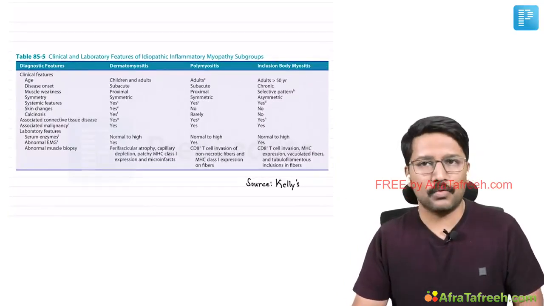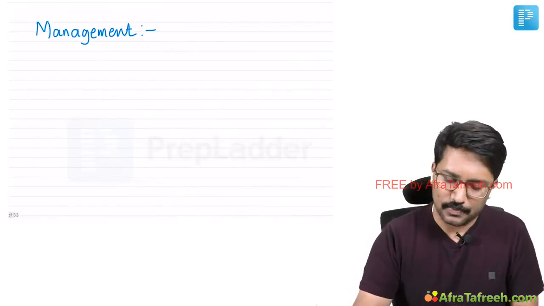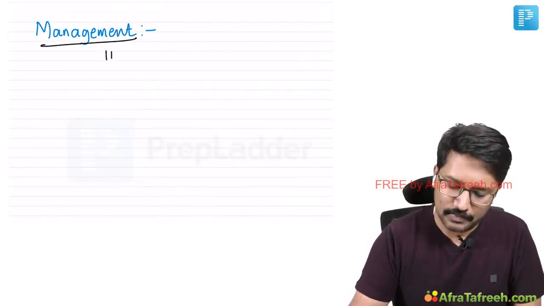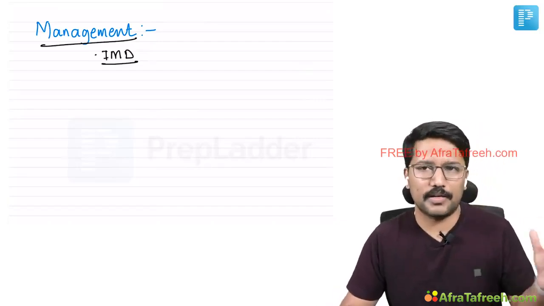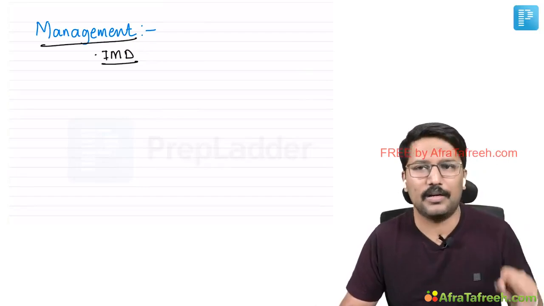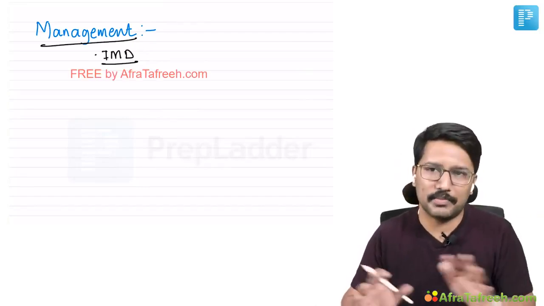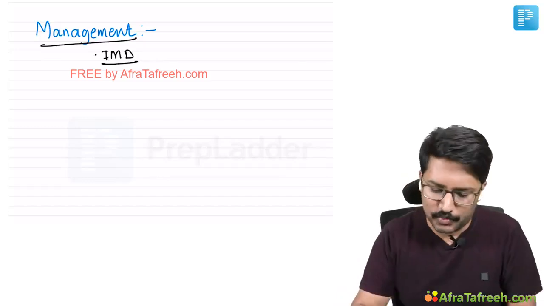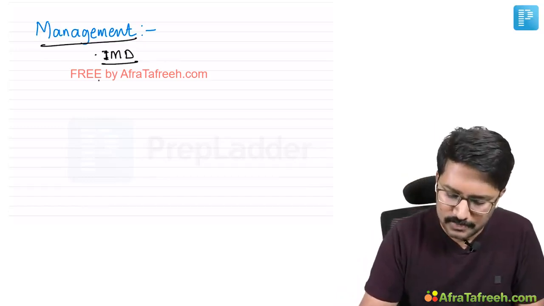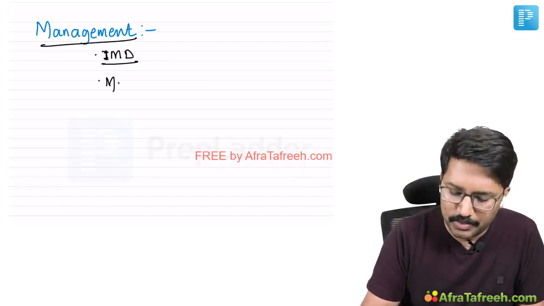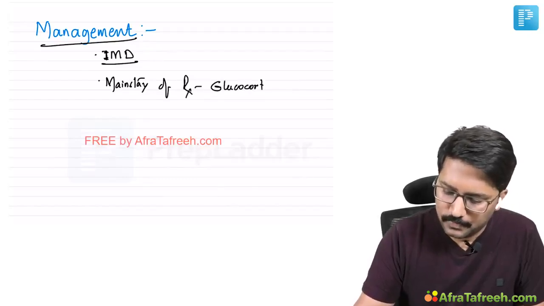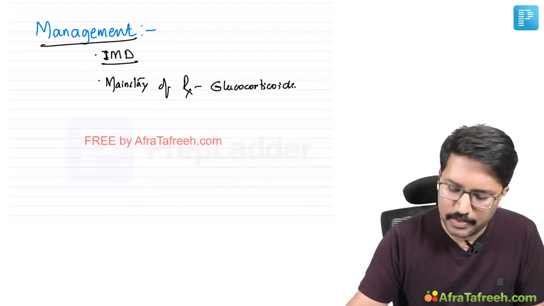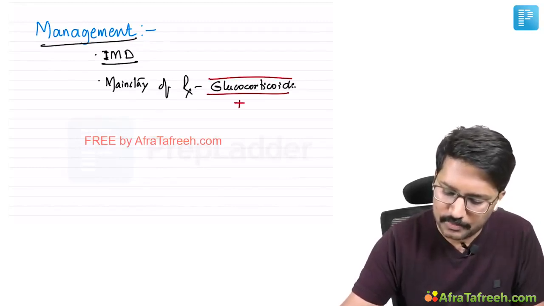So with this, we will now move to discuss the management of the disease. When it comes to management of any of the inflammatory muscle diseases, we can be more specific about immune-mediated necrotizing myopathy, where the drug needs to be withdrawn and we may need to treat the condition more aggressively, but let me give you a very simplistic overall approach. The mainstay of treatment is steroids, glucocorticoids.